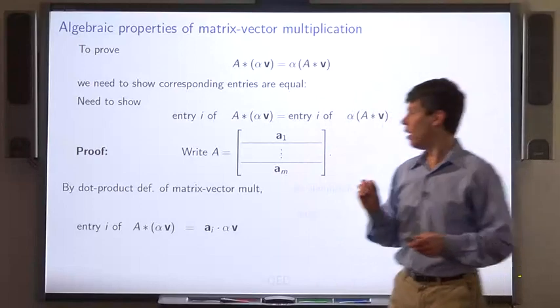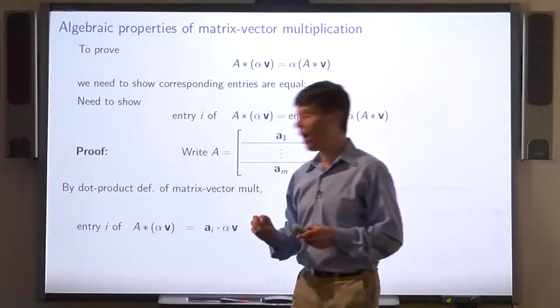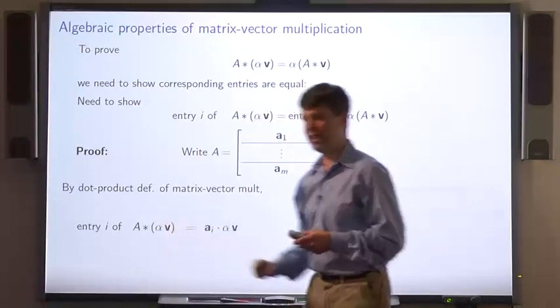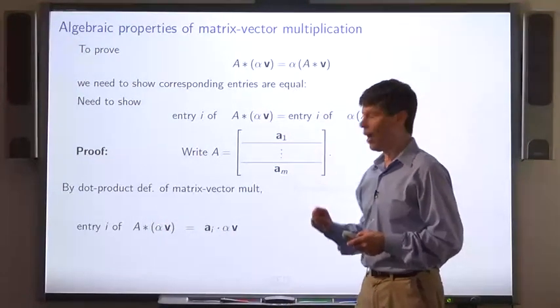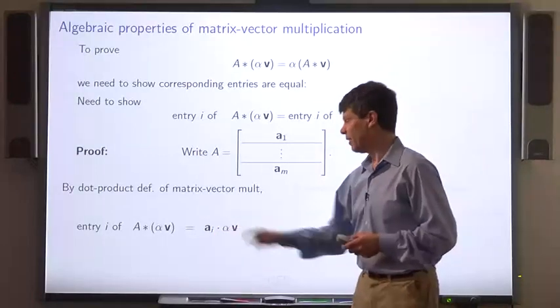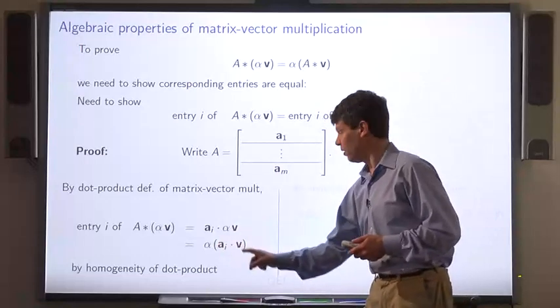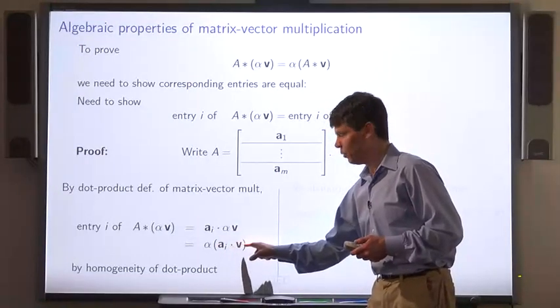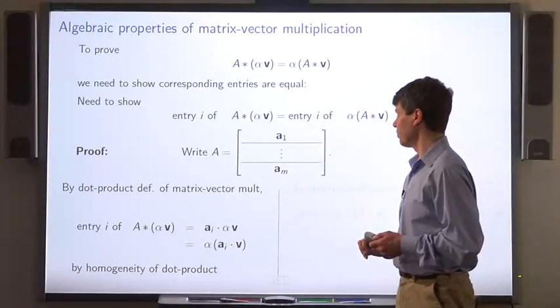Now, by the dot product definition of matrix-vector multiplication, entry i of A times alpha v is the dot product of row i, a_i, with alpha v. And that's equal to alpha times the dot product of a_i with v by the homogeneity of dot product.